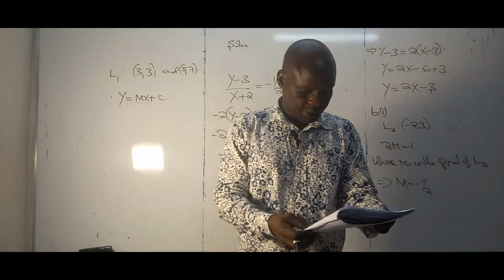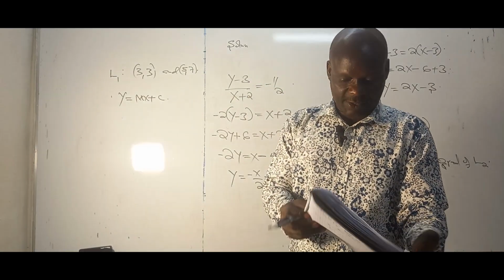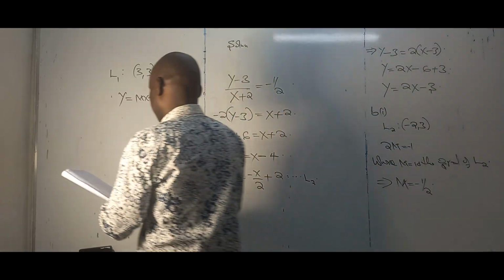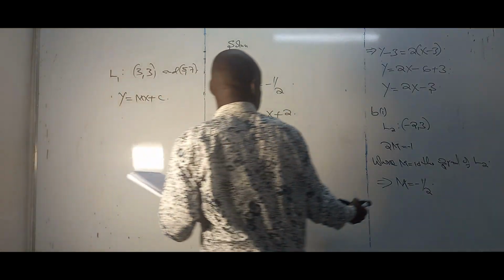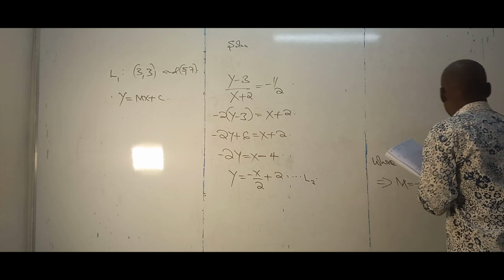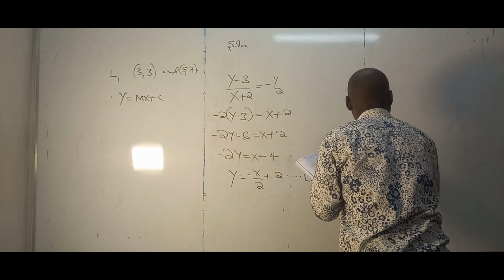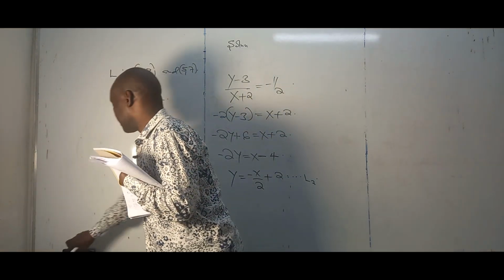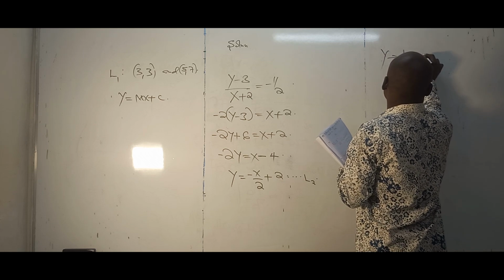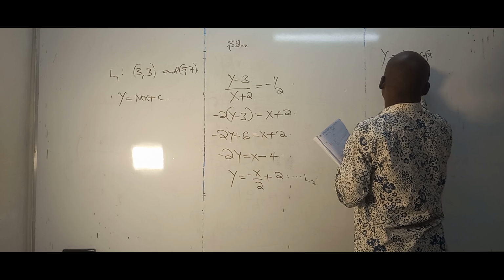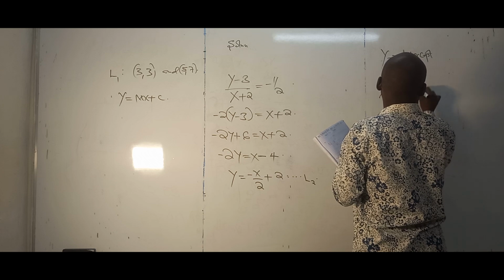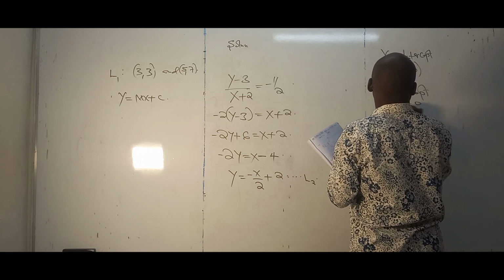Then, what again? We need to find the x-intercept of L2. The y-intercept occurs at x equal to 0. Therefore, the x-intercept should be where y is equal to 0.